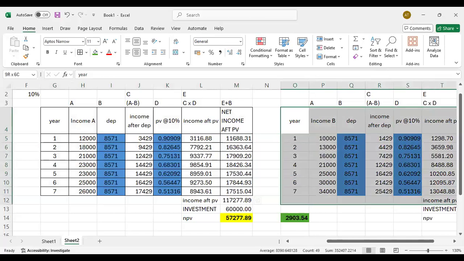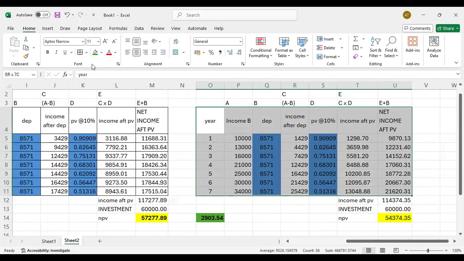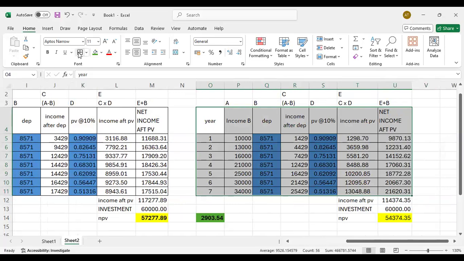Project B is short by 2,903.54. So when I take a call whether to select project A or project B, I should conclude that I should go with project A because it's more profitable, because after deducting the initial investment, the value of project A is more by 2,903.54.